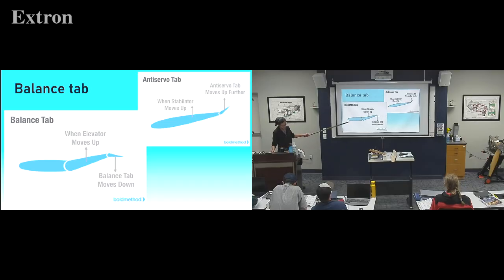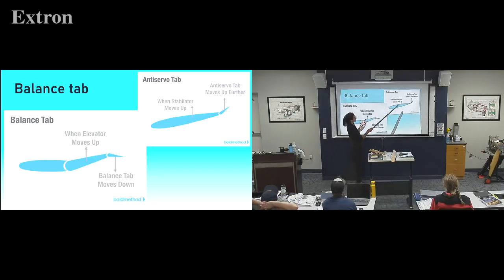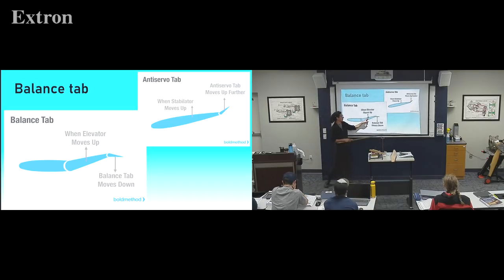So this one automatically moves with the control surface movement in the opposite direction. So the anti-servo, this is going up, that goes up. Balance tab, if this goes up, the balance tab goes down to help move that control surface.